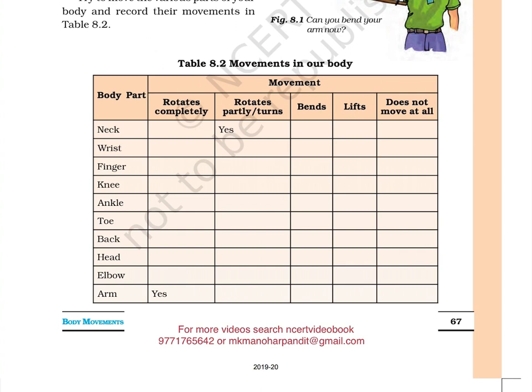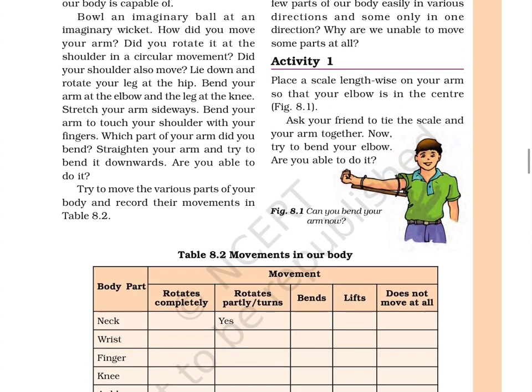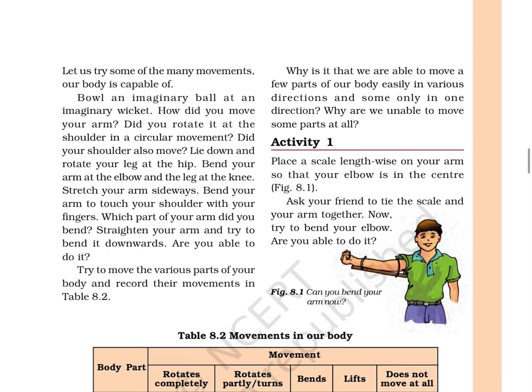First and last are done for you. Neck. Rotates partly or turns, yes. Arm. Rotates completely, yes. Rest of the table is left blank. Fill this table according to your observation.